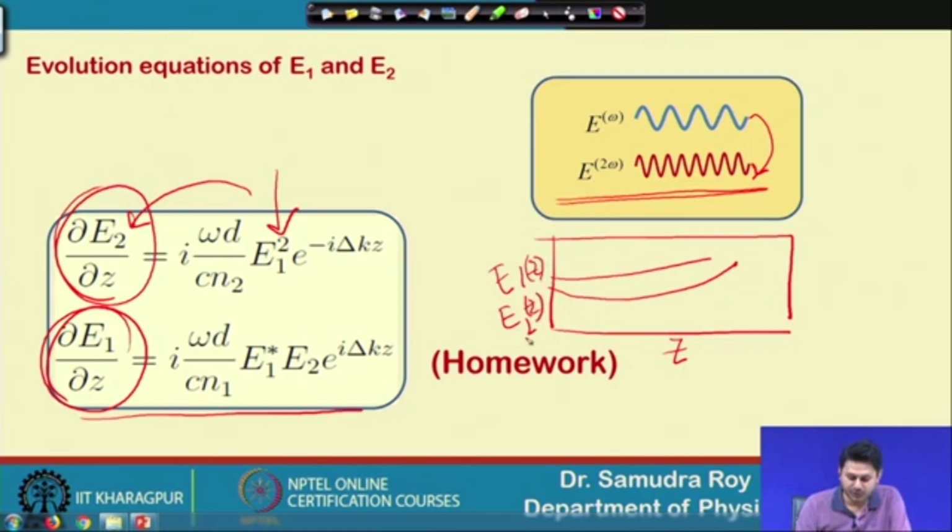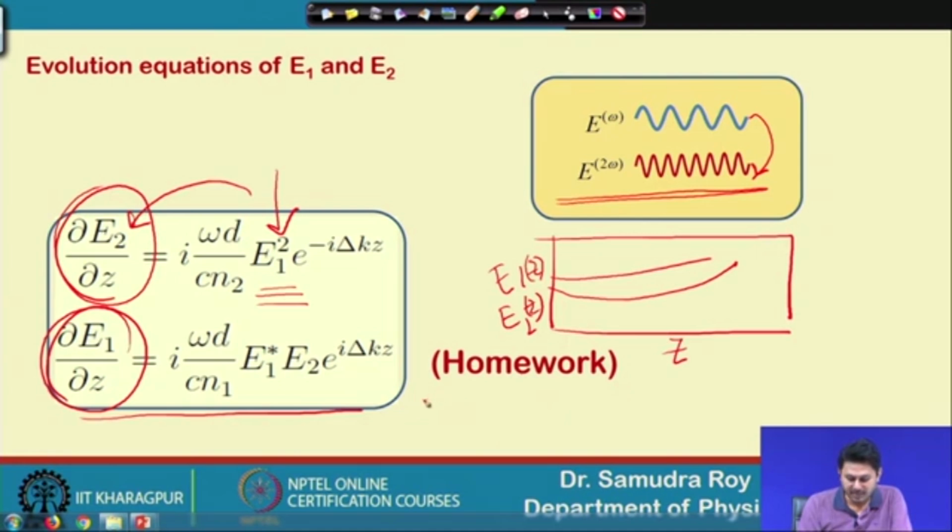But it is for sure that in order to evaluate E2 we need to make some kind of approximation, and in the next slide we will show what kind of approximation I am talking about. But here it is important to note that E2 is going to be generated in the presence of E1. That means, E1 is some sort of driving force that generates E2.